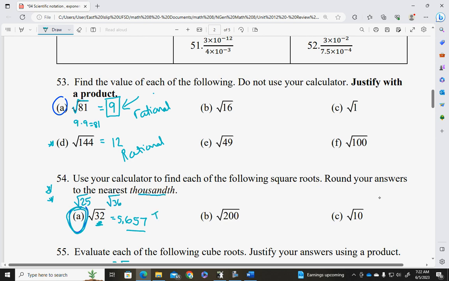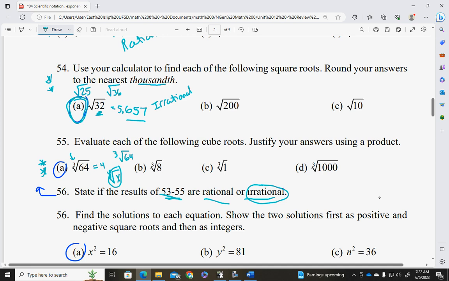This is an irrational answer. And again, cube roots that are nice are rational. If it was a crazy cube root, if the decimal filled up our screen, then it would be irrational.